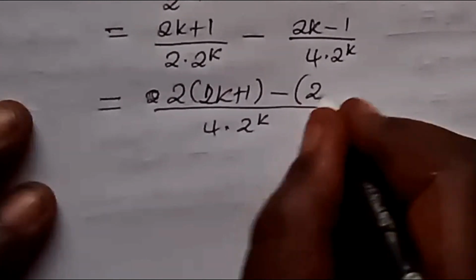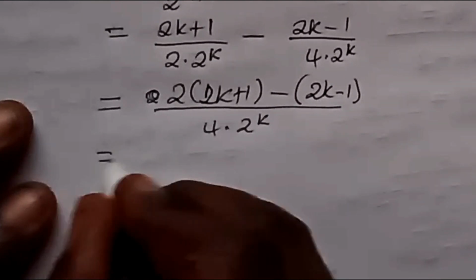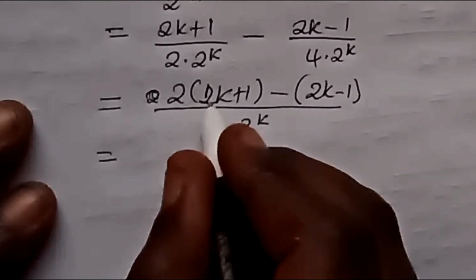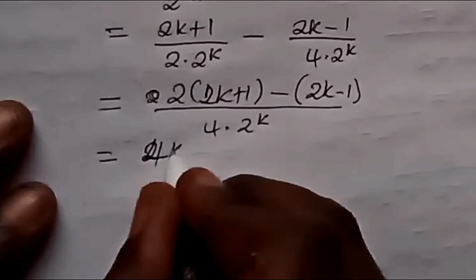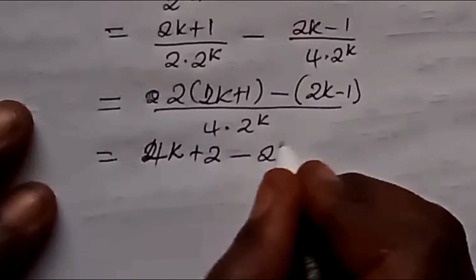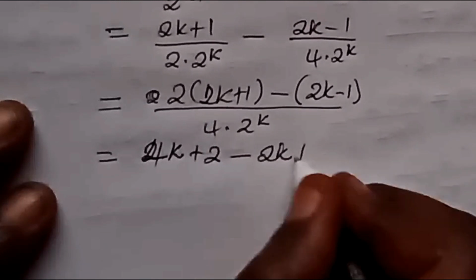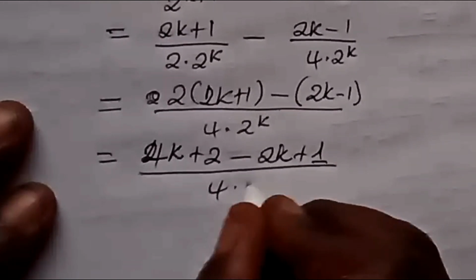So multiplying at the numerator we just get that, and that gives 2 times 2k, which is 4k plus 2, minus 2k, negative, plus 1 all over 4 dot 2 to the k.